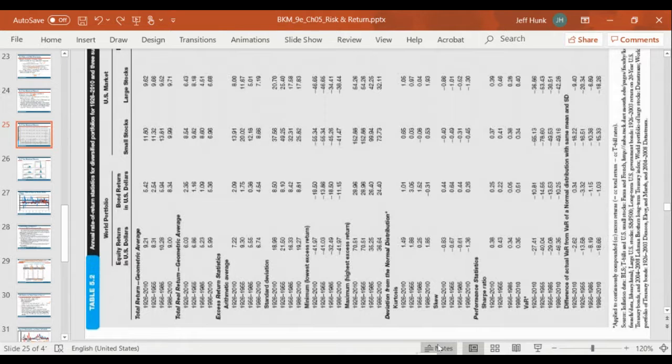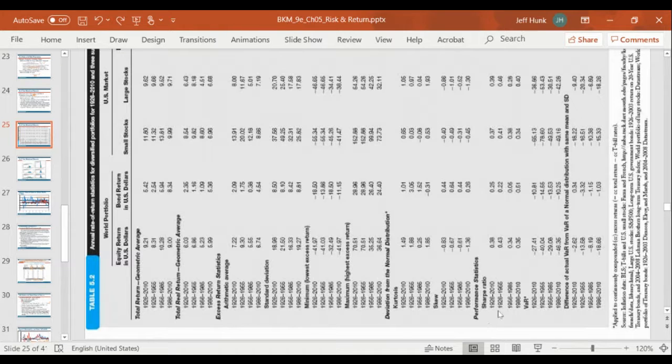Remember, the actual versus the likewise normal distribution, and they calculated kurtosis and skew, right? To check if these results were deviating from normal distribution or not.